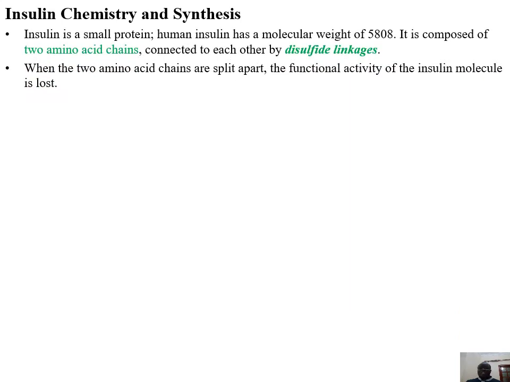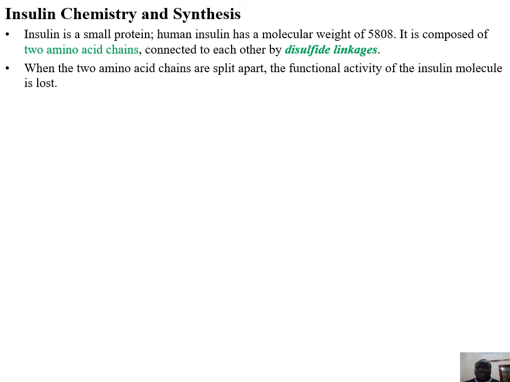Now the insulin chemistry and synthesis: the production of insulin, and the structure of the insulin hormone. Insulin is a small protein. Human insulin has a molecular weight of 5,808 daltons.